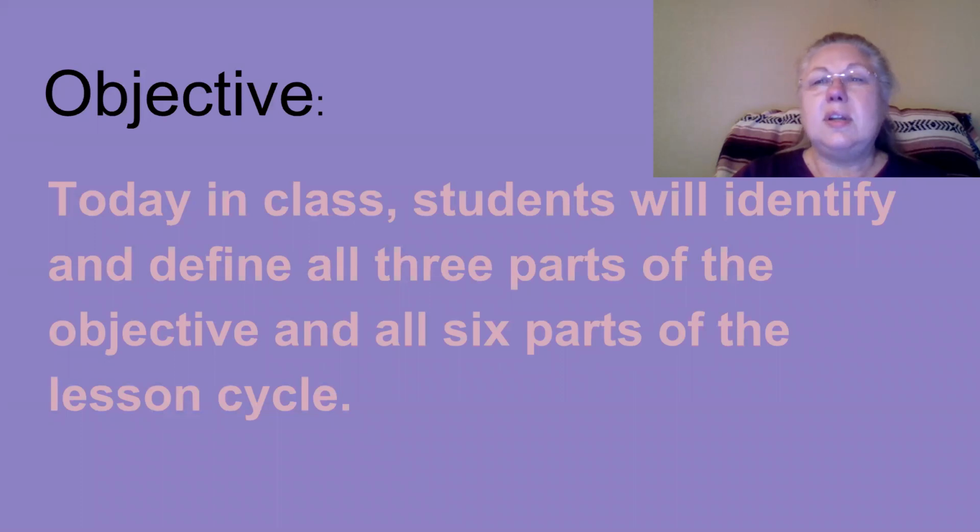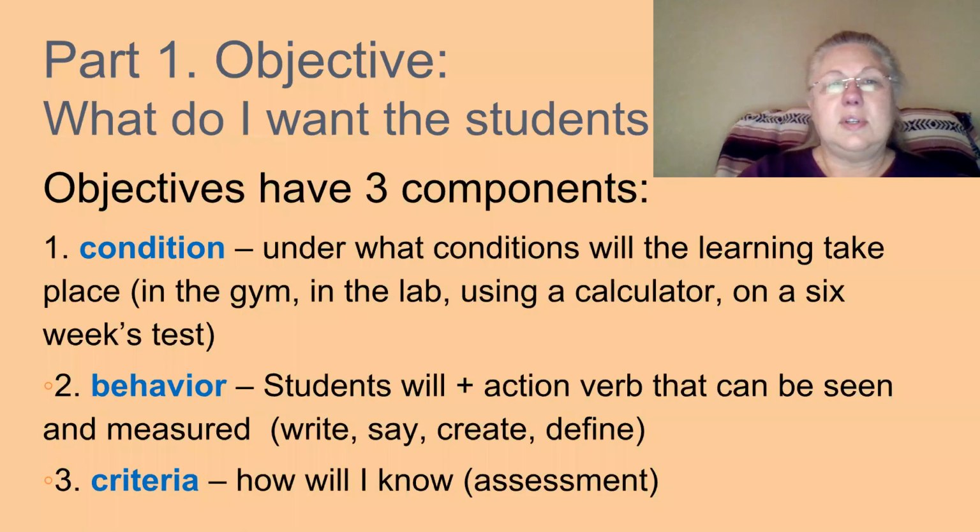I just thought giving you two different versions of looking at this, that way you can latch onto the one that you like best, okay? So today in class, students will identify and define all three parts of the objective and all six parts of the lesson cycle.